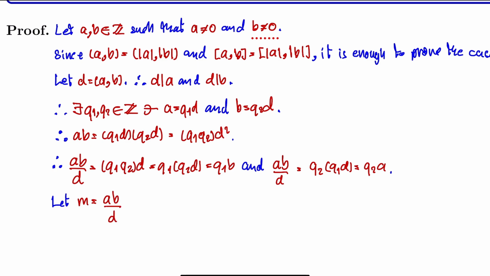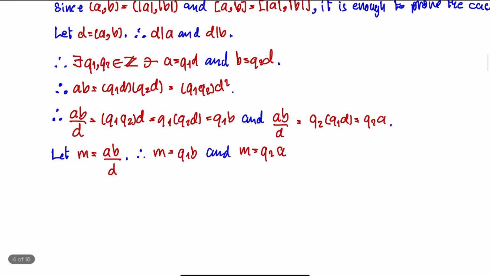Then we substitute this, and we have m equal to q1 b and m equal to q2 a. That means that m is a common multiple of a and b.